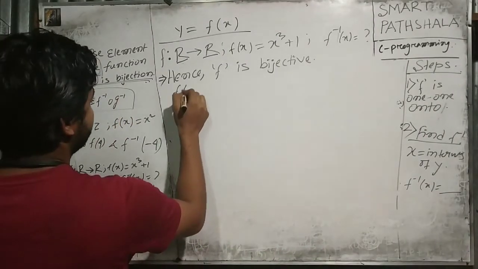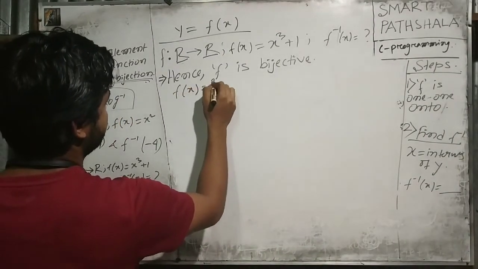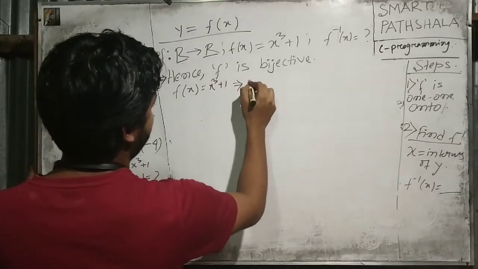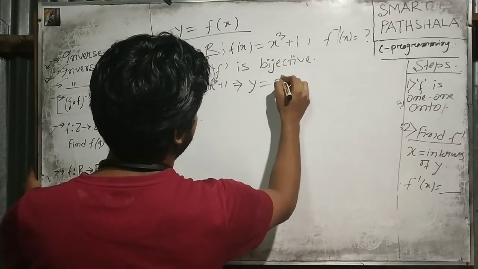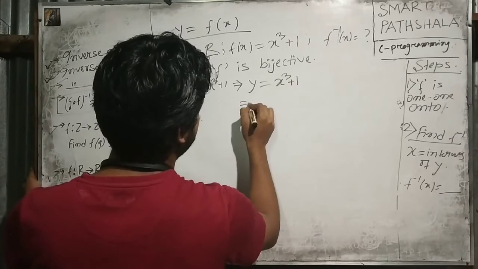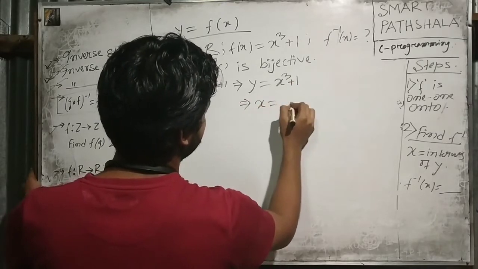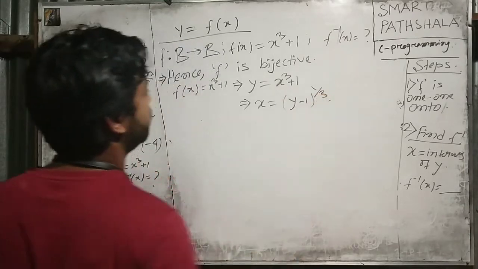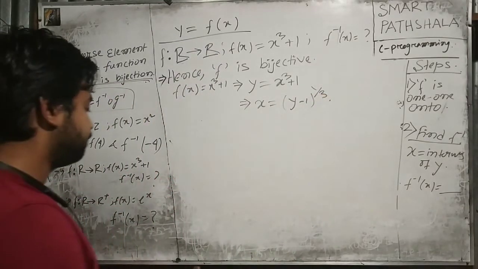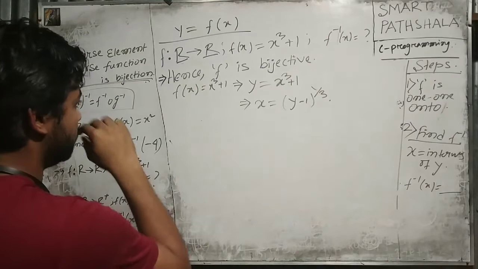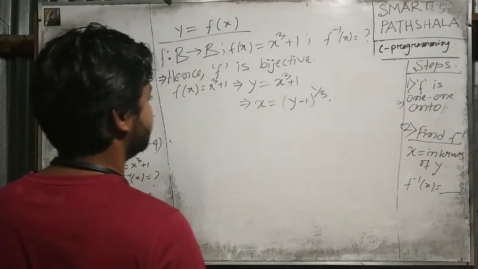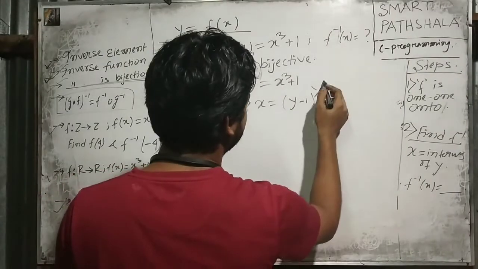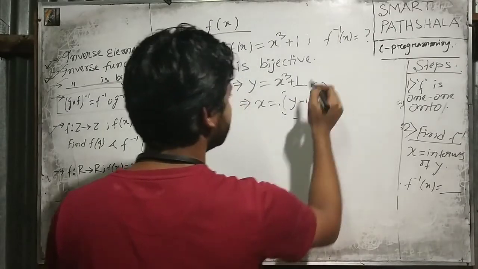Now the second step is to write x in terms of y. Now we know that f of x is equal to x cube plus 1, which will imply that y is equal to x cube plus 1. Again, if you solve it, then x is equal to y minus 1 to the power 1 by 3, right? And look, this thing is in terms of y.